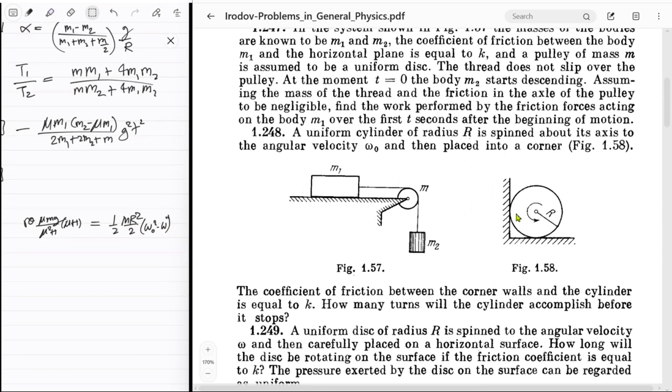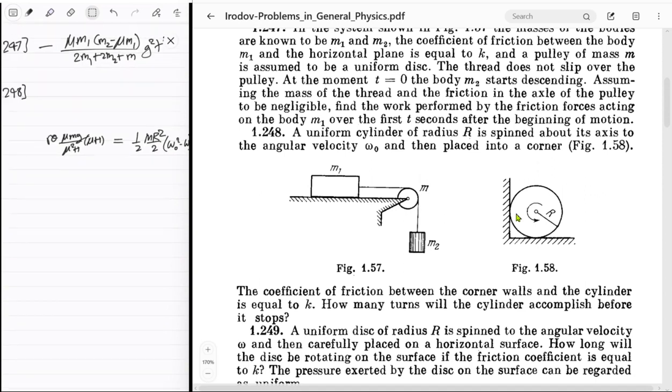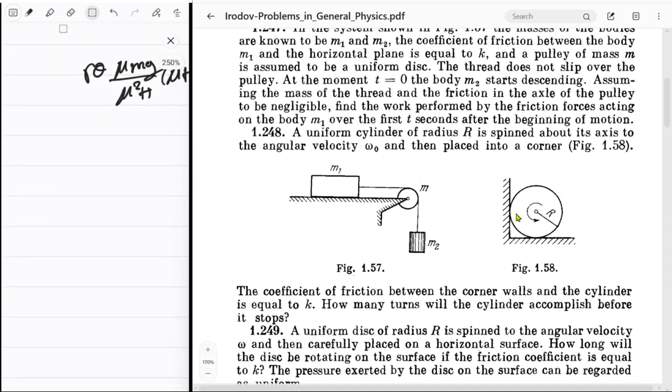Actually, you know what? No, just put omega equal to 0. You don't need to solve to get the theta value. Just put omega equal to 0 and you get theta by itself. Once you know theta, divide by 2 pi and you get the number of turns. Yeah, that's the most perfect method to solve this. And why did I never use this? I should from now on, of course.